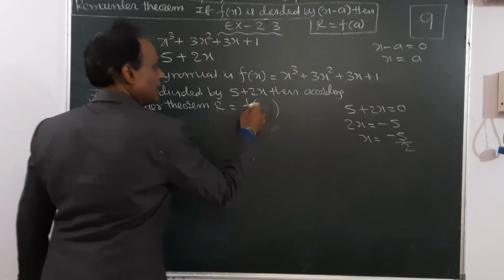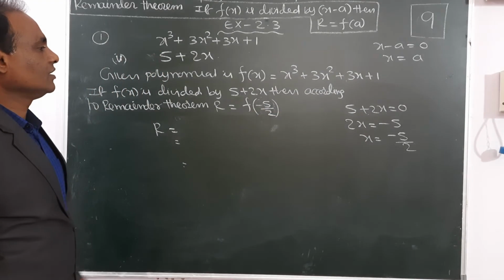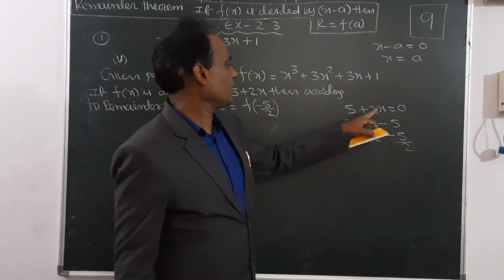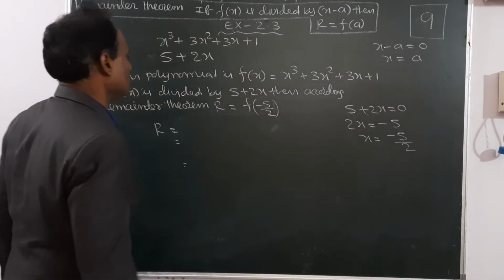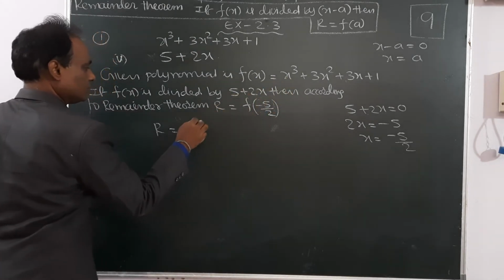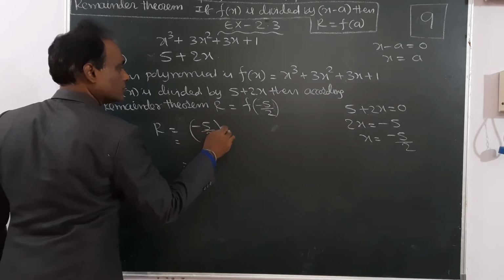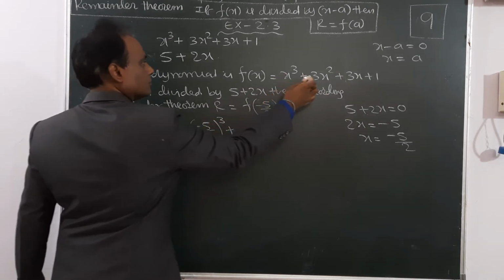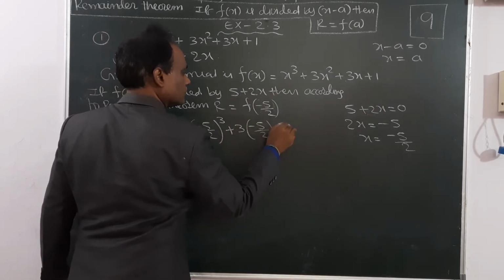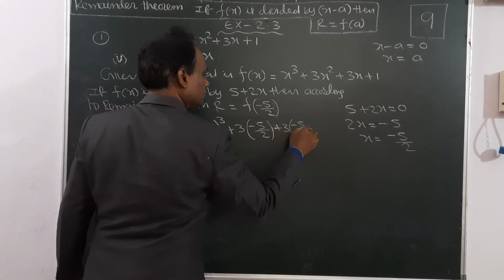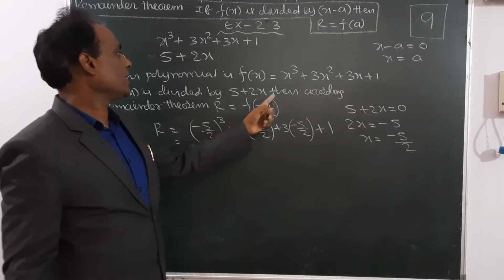That is written here. This should be equated to 0. Plus 5 to the right side becomes minus 5. 2 to the right side, 5 by 2. Minus 5 by 2. Substitute this in place of x. Write down minus 5 by 2 in place of x.